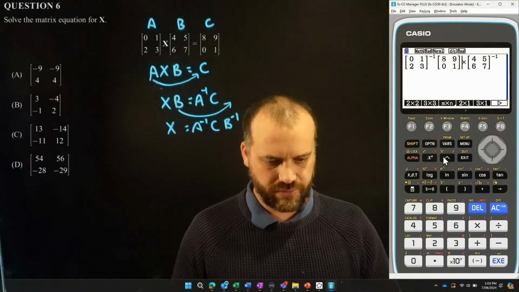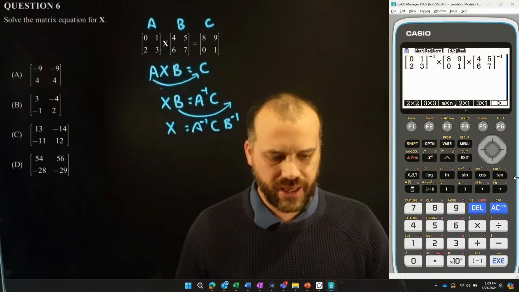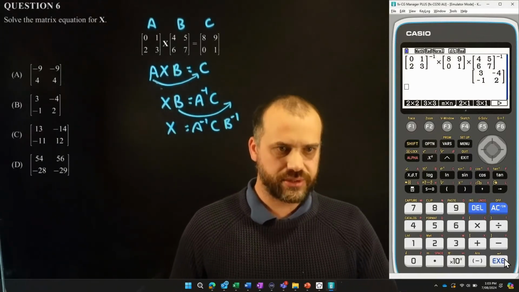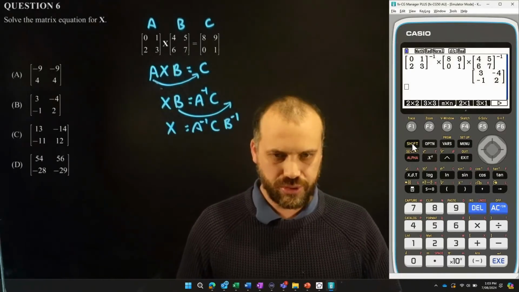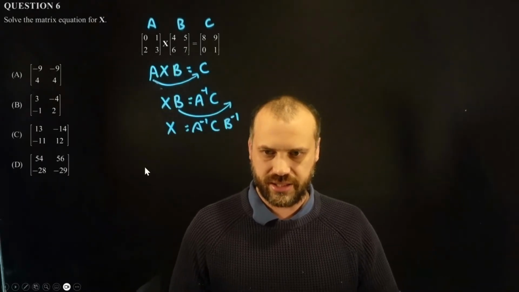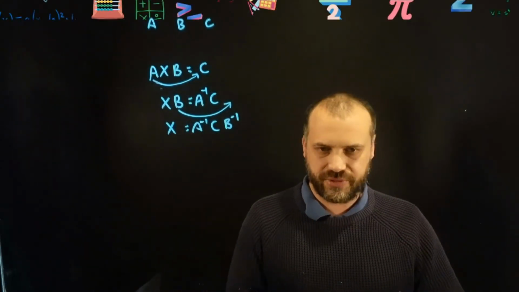I don't think it's going to work if I don't put those multiply signs in there, so I'll put those in now. Okay, done, enter, let's go, execute, single answer, 3, -4, -1, 2. Do I have that answer here? I do. The answer is B. All right, great stuff. Celebrate.